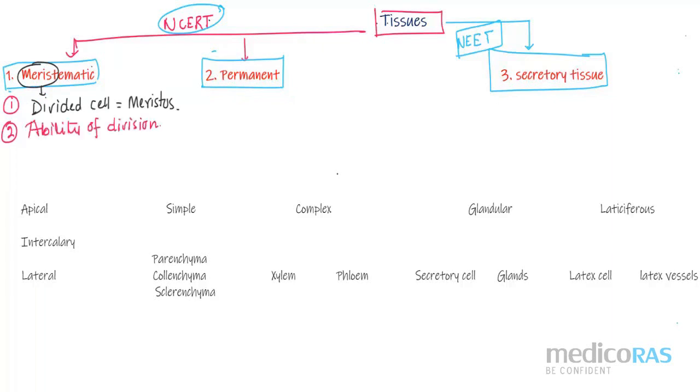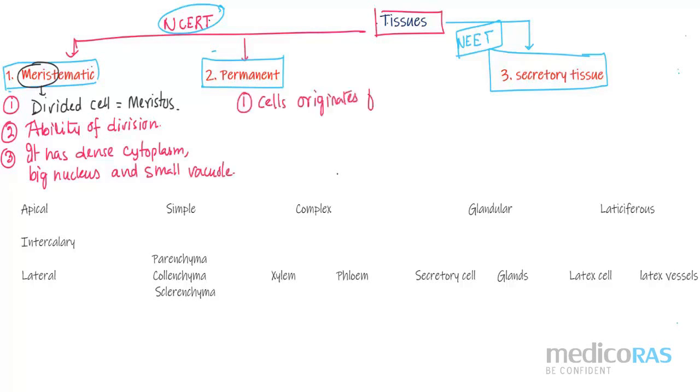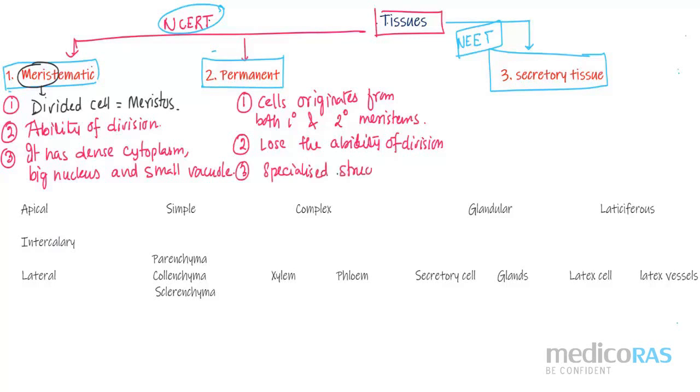These cells have dense cytoplasm, a big nucleus and small vacuoles. Whereas permanent tissue cells originate from both primary and secondary meristems. They have lost the ability of division and have specialized structure and function.